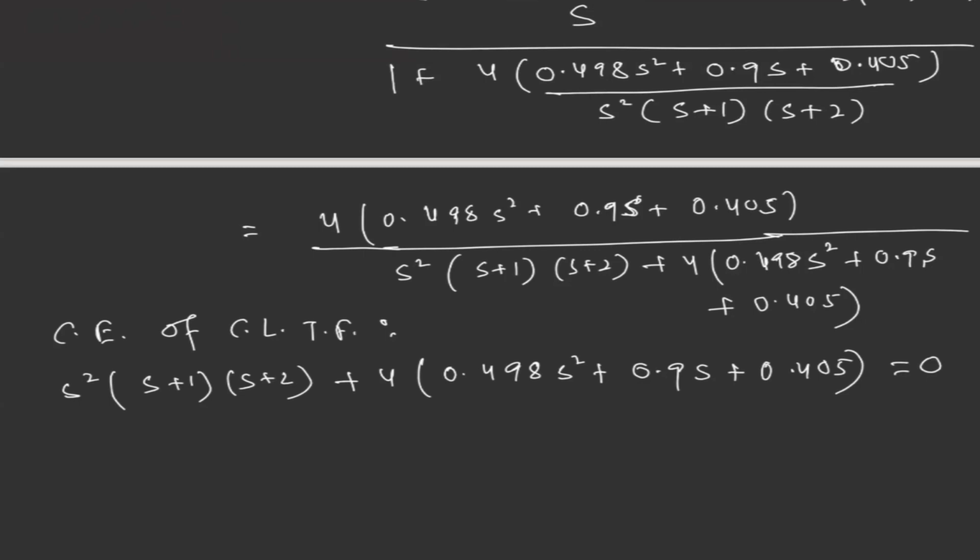Solving this equation, we can get the poles of the closed loop control system.